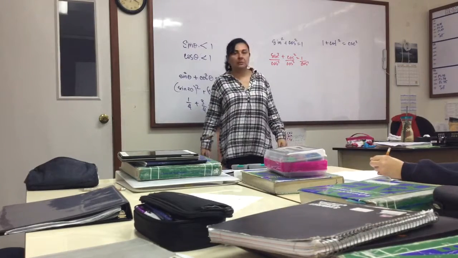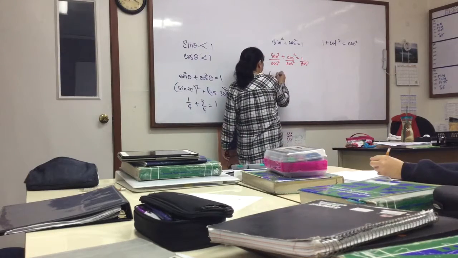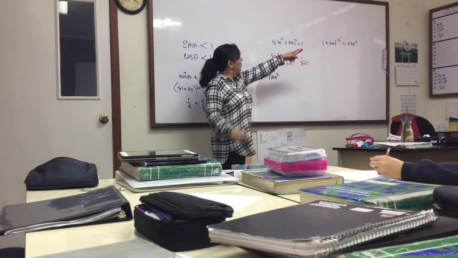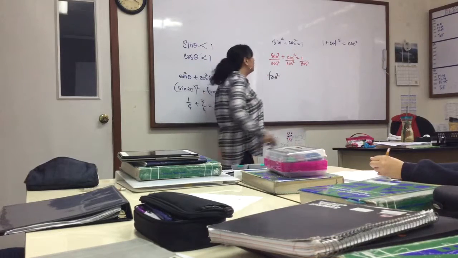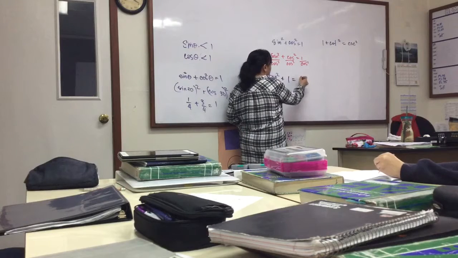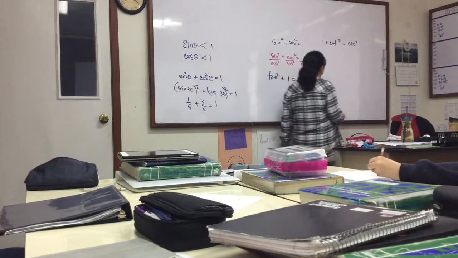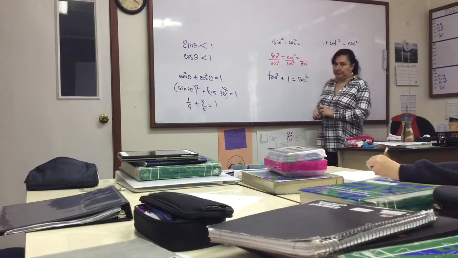Tangent squared. It can't be cotangent because cotangent was cosine over sine. Tangent squared plus 1 equals secant squared. Okay? So that's the third one.